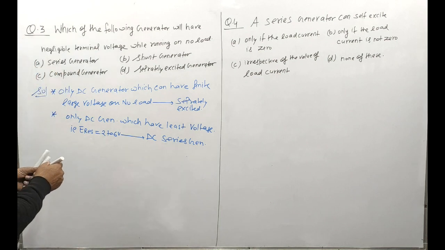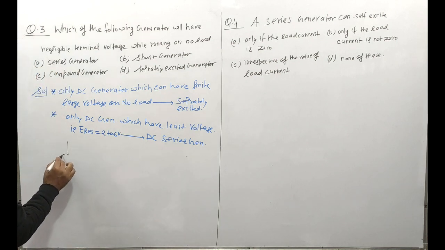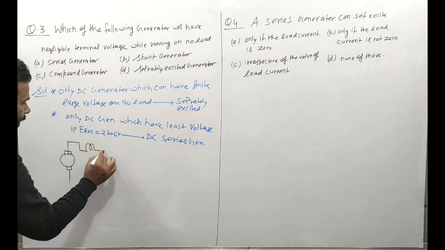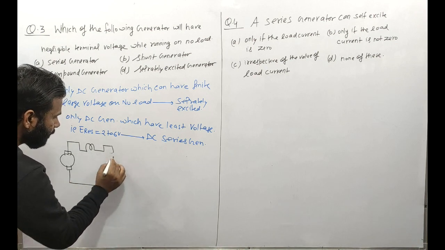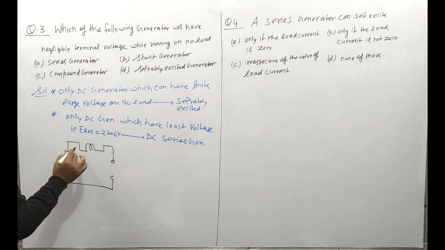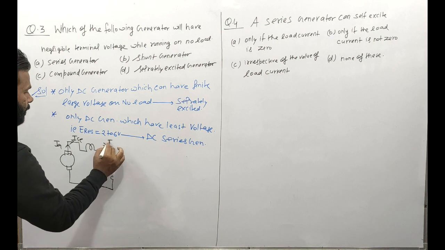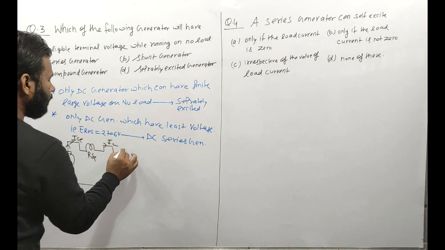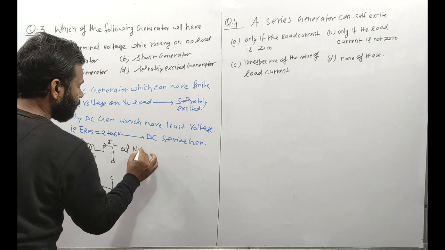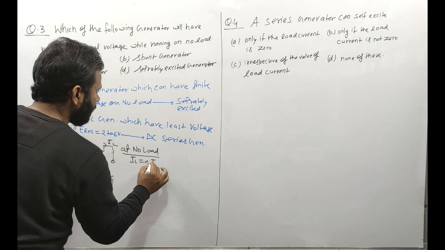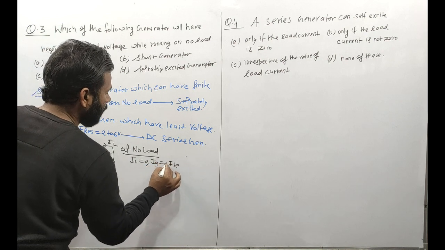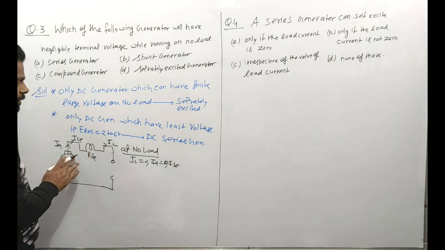Now if we look at the DC series generator diagram, then we see that this is your DC series generator diagram. So at no load, this is your IA, this is your ISE, and this is your load current, with RSE. Now at no load, IL is 0, IA is 0, ISE is 0, because all currents are the same. All currents are the same because this connection is in series.